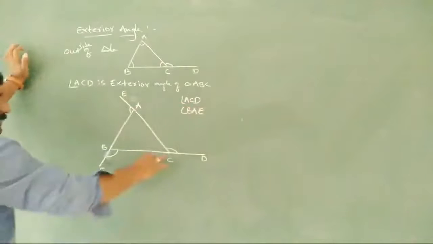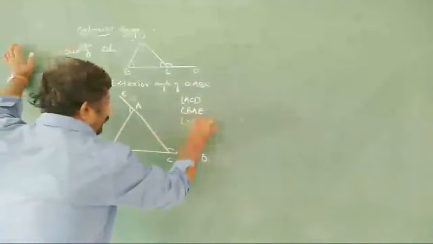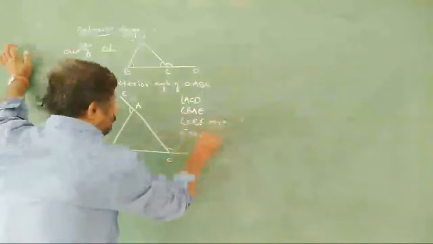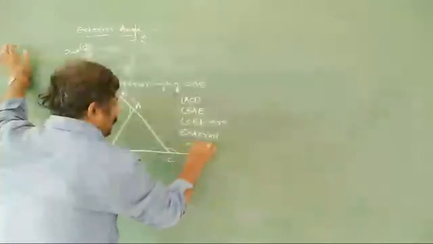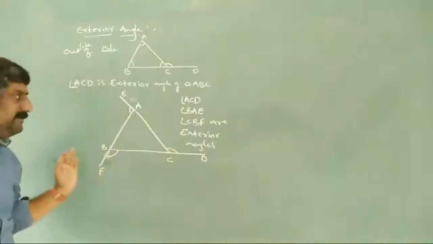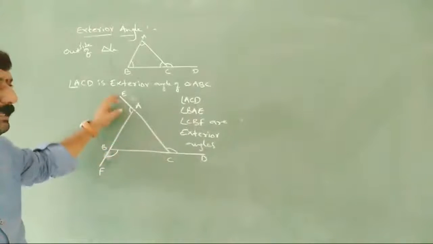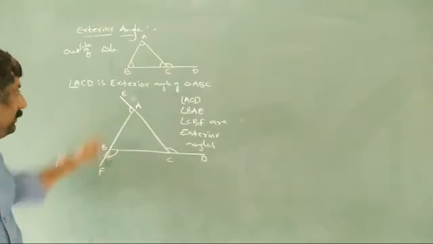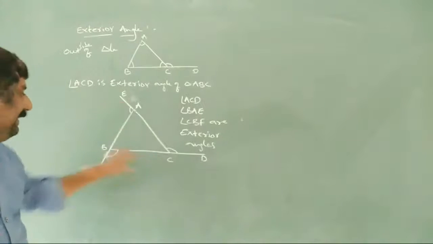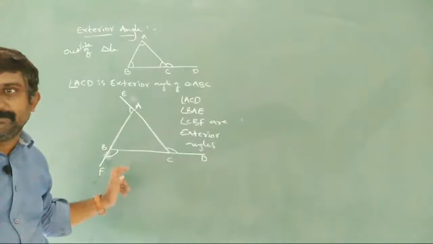Third one from B, angle CBF. Observe once again. Extending CA, we are getting one more angle BAE. Extending this AB, we are getting one more angle CBF. So these are nothing but exterior angles.